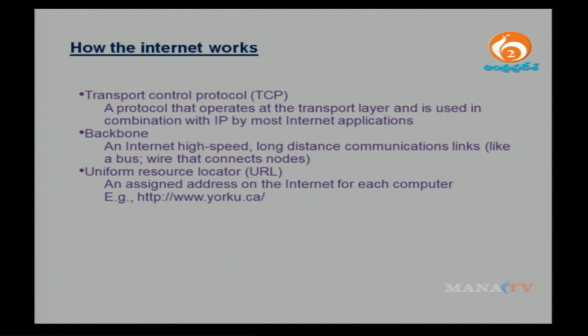So, how does the internet work? Transport Control Protocol, a protocol that operates at the transport layer and is used in combination with IP by most internet applications. Backbone, the internet's high speed long distance communications links like a bus.